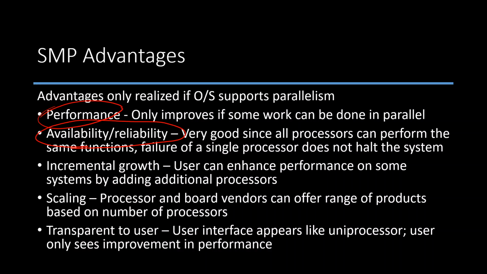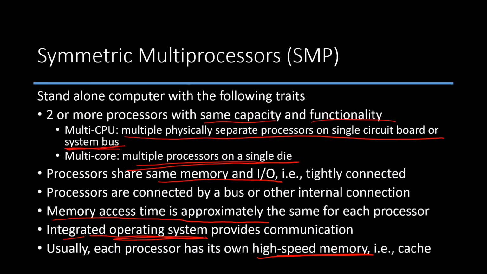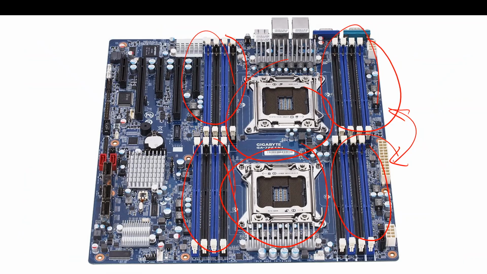Incremental growth, well, I always hesitate to include incremental growth in this list of advantages, because a cluster is really easy to grow incrementally. I get a new machine available to me, I plug it in, and I'm ready to go. With these systems it's not quite as obvious. It's best when you have multiple sockets on a single circuit board.